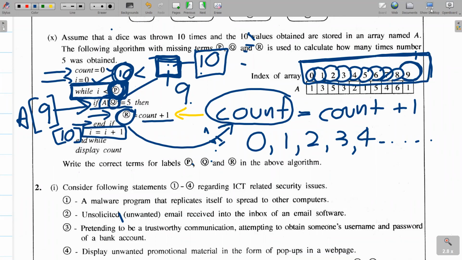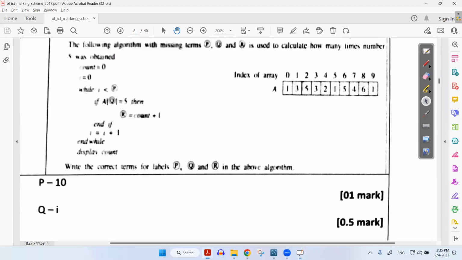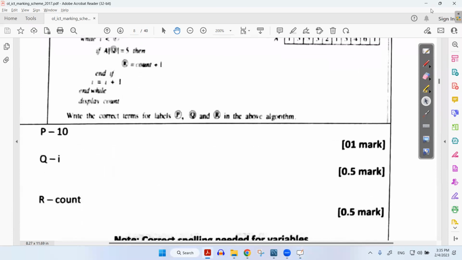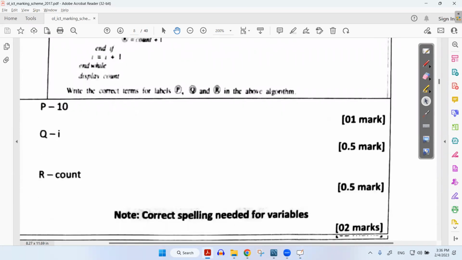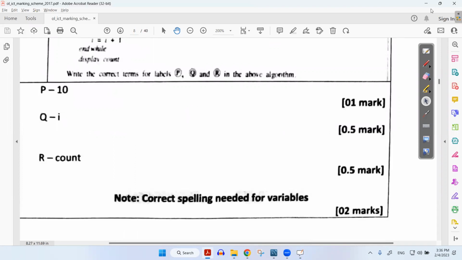Right, so due to that, the answers are going to be P, that is 10, Q, that is I, R, that is count. So 2 marks will be given in this manner.